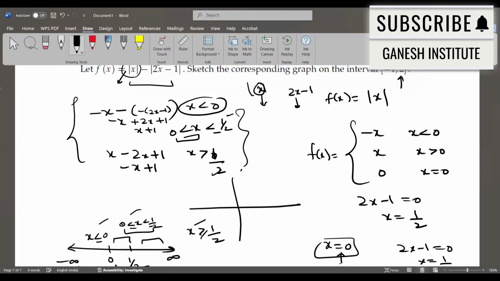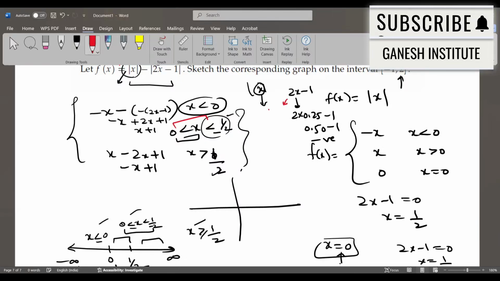If I place x as half, or less than half, let's say 0.25, it will give me a negative value. Why do you take 0.25? Because I need to consider a value between 0 and 1 by 2, less than half.